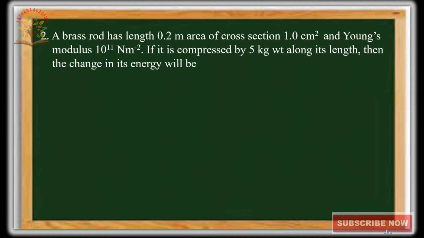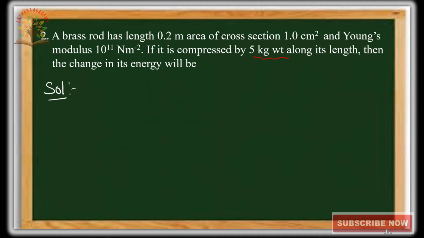In this question, they are given length 0.2 meters, area of cross section 1.0 centimeter square, and Young's modulus 10 to the power of 11 Newton meter to the power of minus 2. Compressed by 5 kilogram weight. So here you have to calculate the change in its energy.